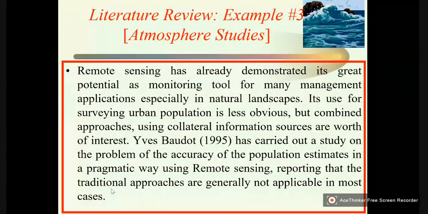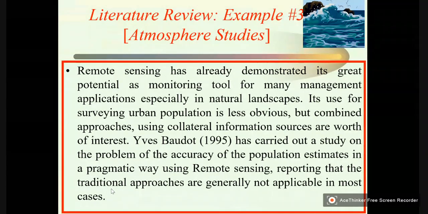But combined approaches using collateral information sources are worth of interest. So someone has carried out a study on the problem of accuracy of population estimates in a pragmatic way using remote sensing, reporting that traditional approaches are generally not applicable in most cases.